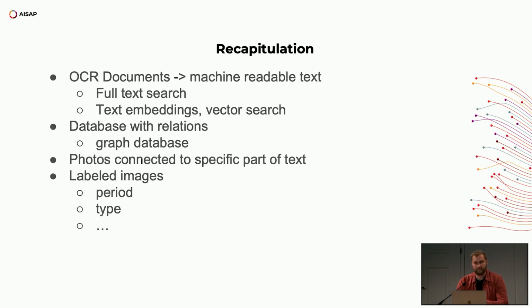Also, we have photographs connected to specific parts of the text. So we have a photograph, and we have a description that was made by some archaeologist. So we know that these photographs or these artifacts have some dating and basic description, basic classifications, some materials, etc.